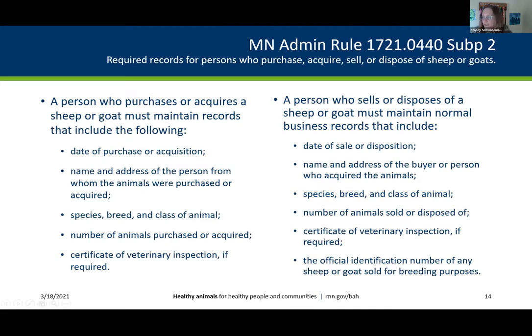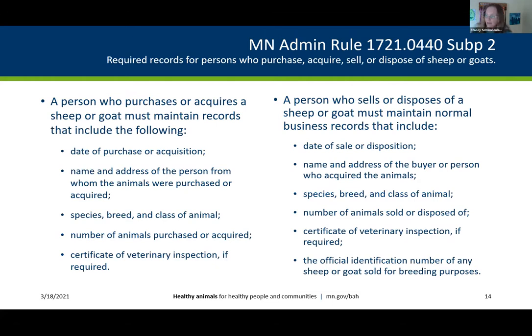This is another example. Again, I don't intend for you to keep track of all of the details on this screen. The important thing that I'd like to relay is that there are also rules that govern the type of information that you capture for where you get your animals from and where you sell your animals or dispose of them.